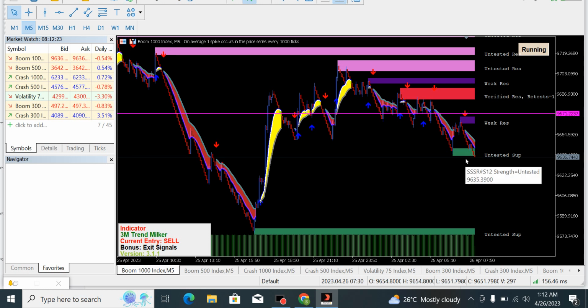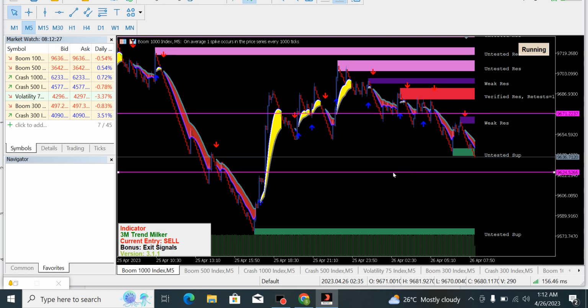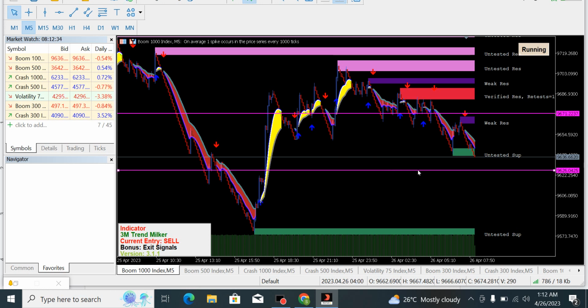If it breaks out below it, then it will be selling more. Then we expect it to get to this region. Let me put the TP somewhere here before the support zone, this region, for us to see before we can have a major pullback. And of course if it breaks out below that, then we should expect it to get to this region.